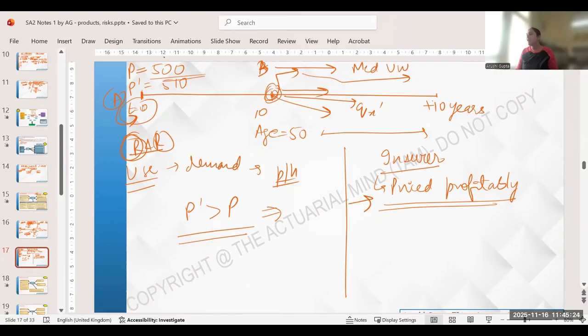Therefore, they come up with a very important assumption, which is the option take up rate. That is, they will price it assuming that X people, suppose, are going to take up the option. Why? Because their health might not be in the best state, so they are going to exercise that. So they are also going to do the present values here while pricing it, so that they know that they have to not offer it at 500, but they will have to come up with 510. Does that make sense?